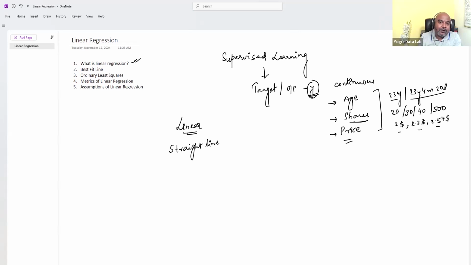I want the points to fall in a straight line. But what is a regression? Regression means moving towards the average. I might have multiple points scattered here and there. I want to have things moving towards the average of all these points. That is linear regression. Now, to understand this better, we will go through one example.